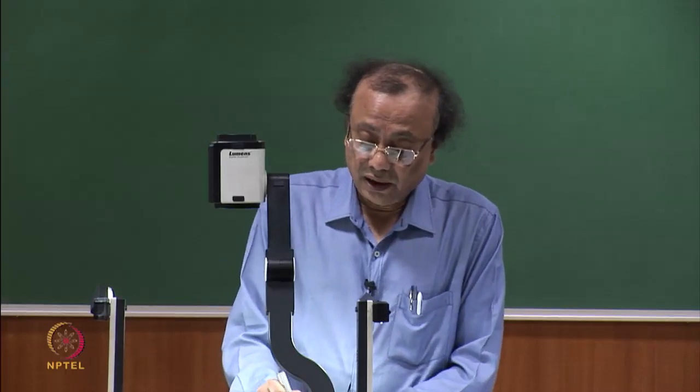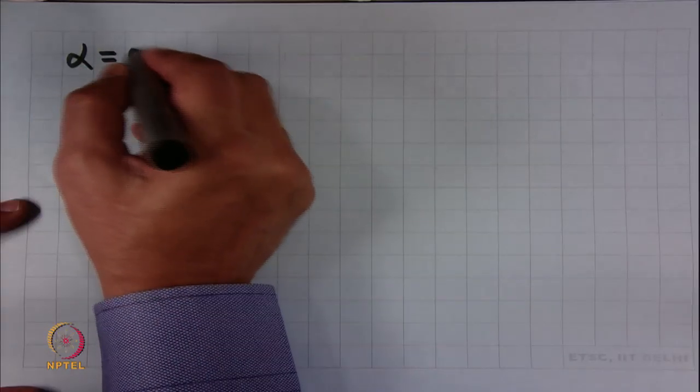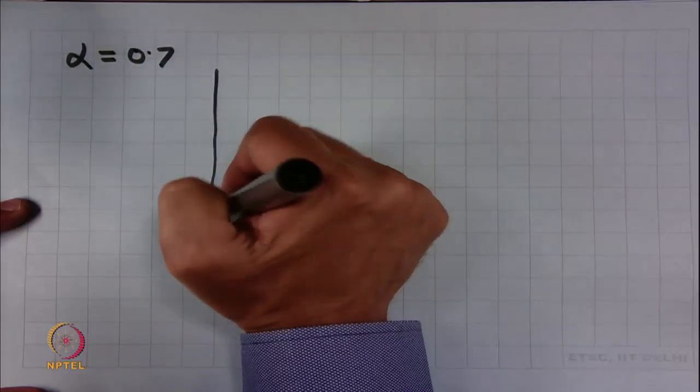When we take alpha equal to 0.7, we will have the following.